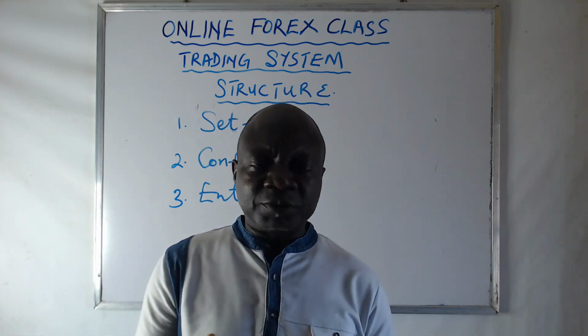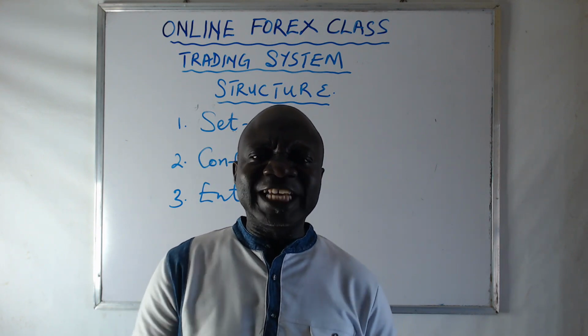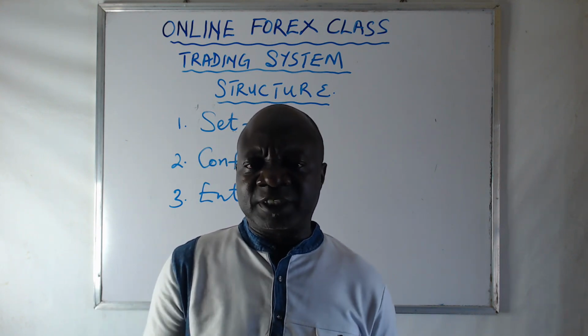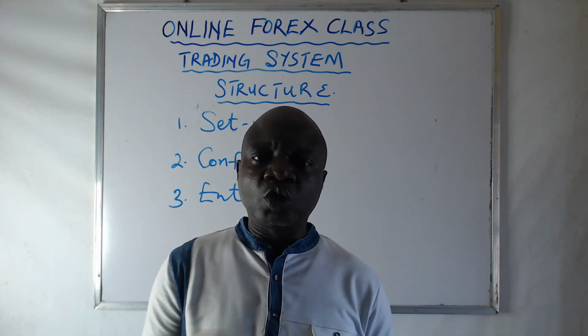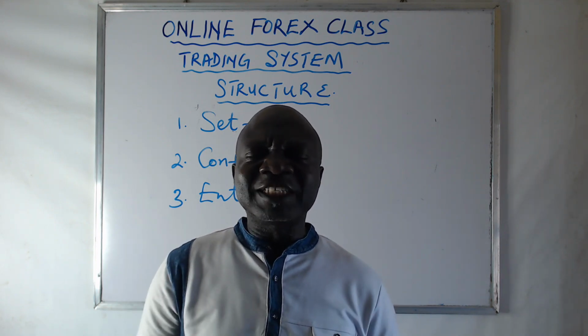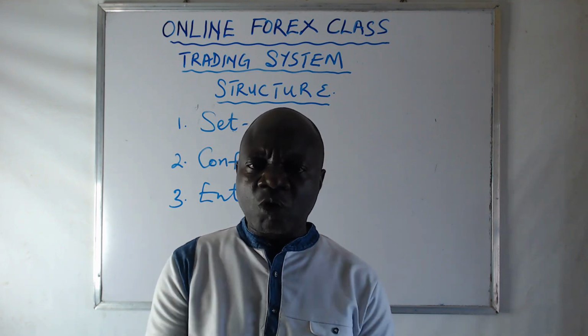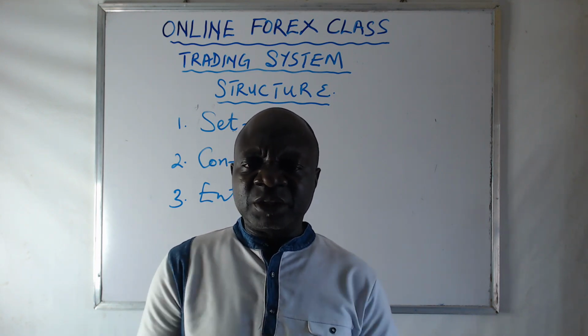But then some traders, the reason why they are losing yet they have a profitable trading system is that immediately they see a setup, they jump into the market, not knowing that they still have about two steps to cover before they can enter the market.